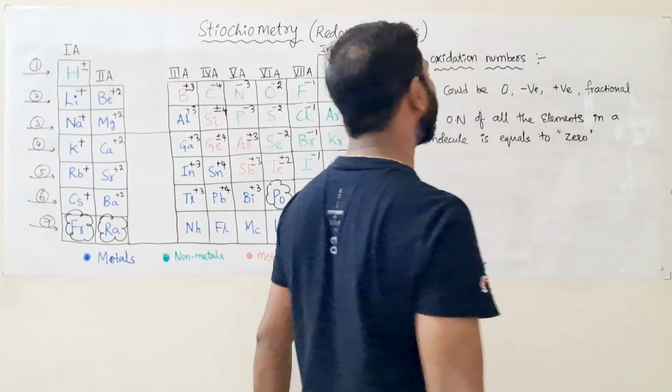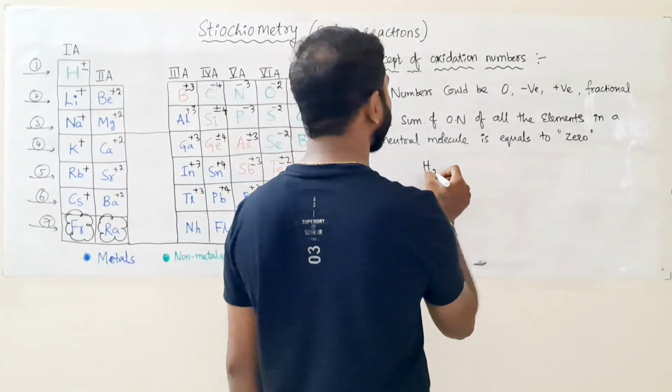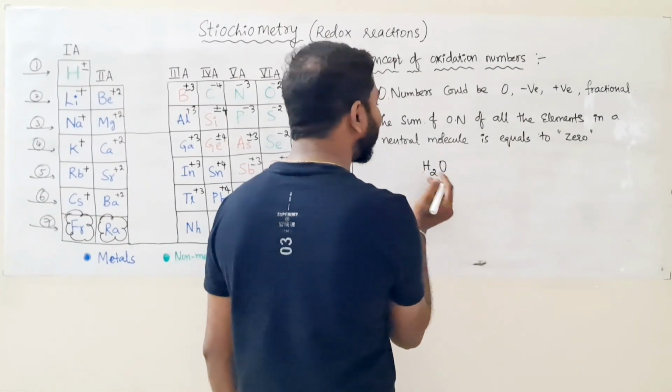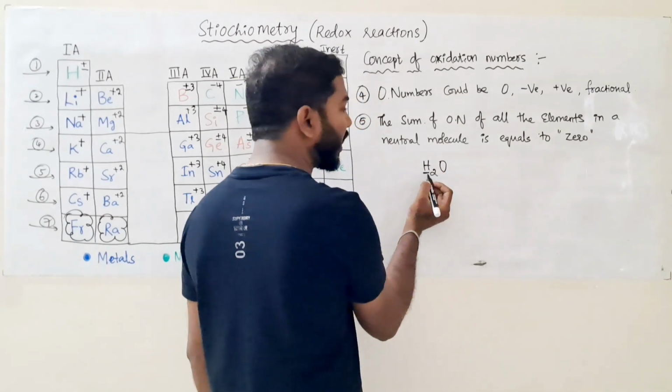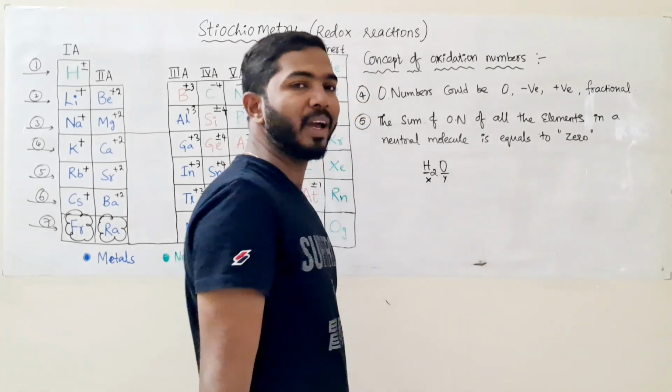Yes, what does it mean, sir? Suppose, let's say, just now I have taken H2O. So if we consider, for time being, I am taking the oxidation number of hydrogen as X and then oxygen as Y here.